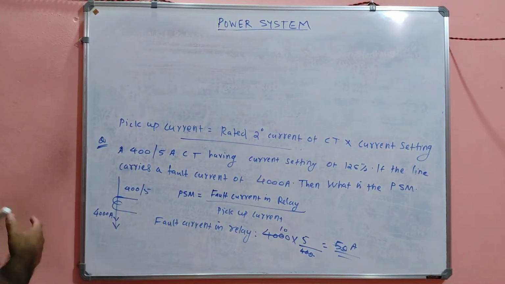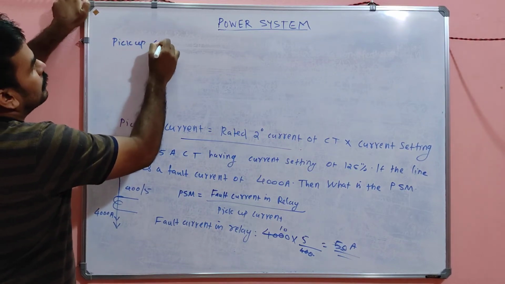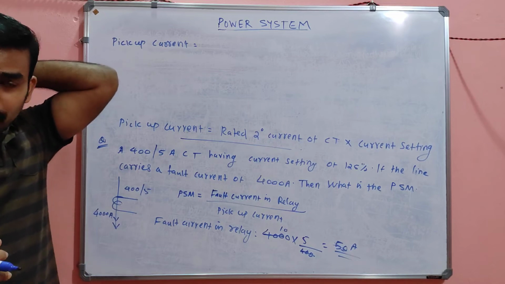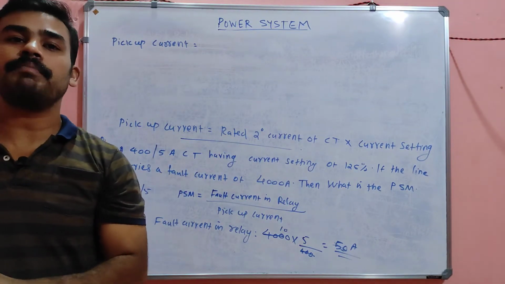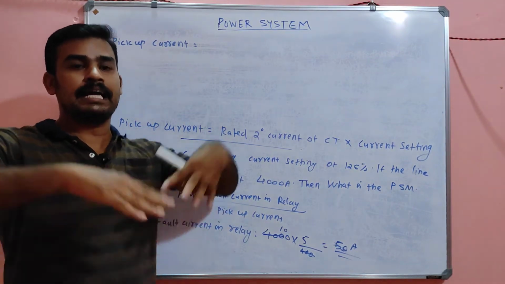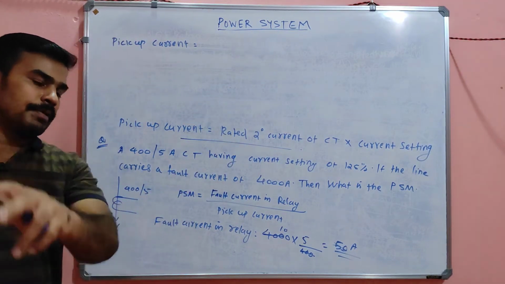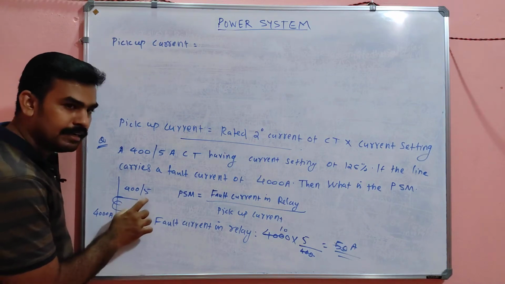Next one, pickup current. What will be the pickup current, my dear? Pickup current means the current at which the relay is supposed to be triggered, or energized, and pull the plunger. This pickup current is not the rated secondary current.